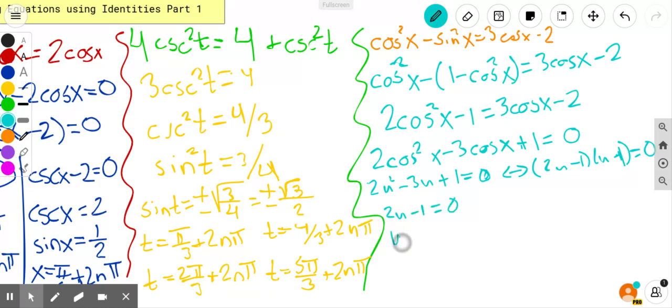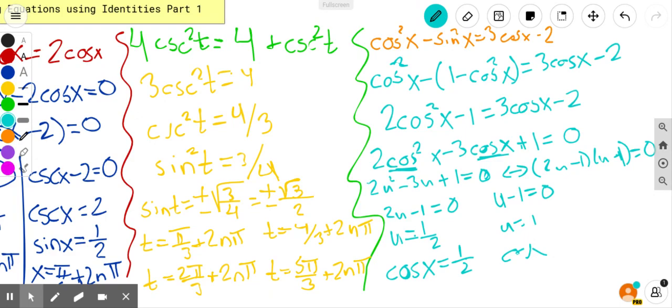So u should equal a positive 1/2. Or u minus 1 equals 0, meaning u should equal 1. But again, since we used u to replace the cosine of x's, that means I'm looking for where cosine of x will equal 1/2, and where cosine of x should equal 1.